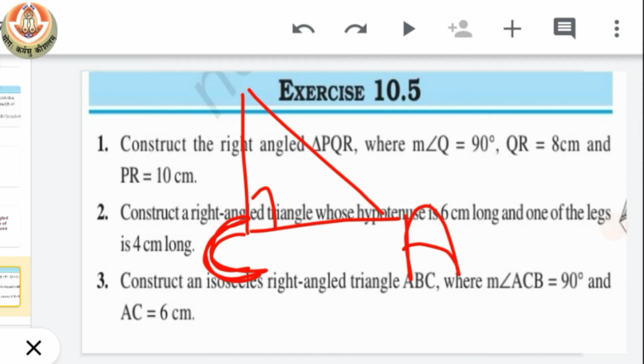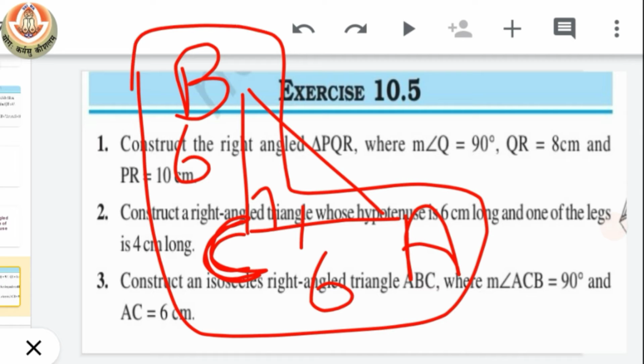Let's take it as A and this as B. We all know that the hypotenuse is always the longest side. So if AC is 6 centimeter, then the other side is also 6 centimeter. So it will become the case of side angle side.